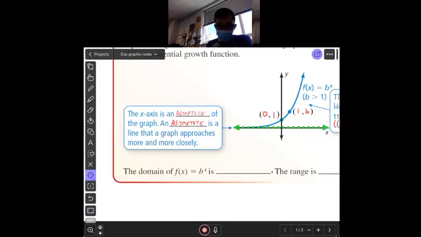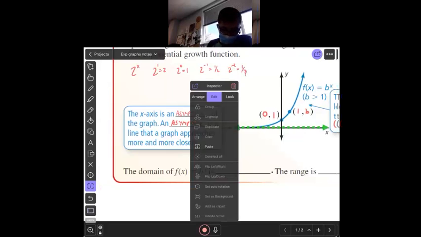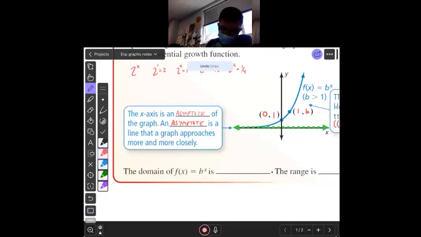Okay? If we look at a really simple function like 2 to the x, 2 to the 1 is equal to 2. And 2 to the 0 is equal to 1. And then 2 to the negative 1 is 1/2. And then 2 to the negative 2 is 1/4. And then 2 to the negative 3 would be 1/8.